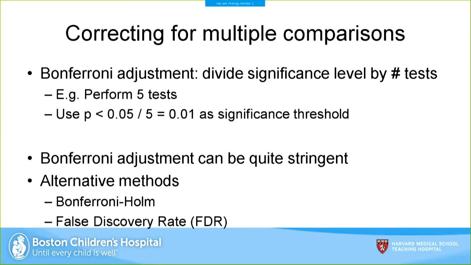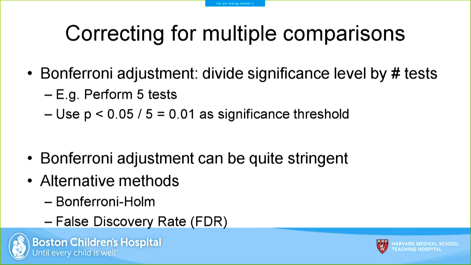So we want to be careful when we're designing a study and when we're analyzing the study, and adjust for multiple comparisons. A very common approach is the Bonferroni adjustment. The idea is you're simply dividing the significance level by the number of tests that you're performing. Let's say you're performing 5 statistical tests.